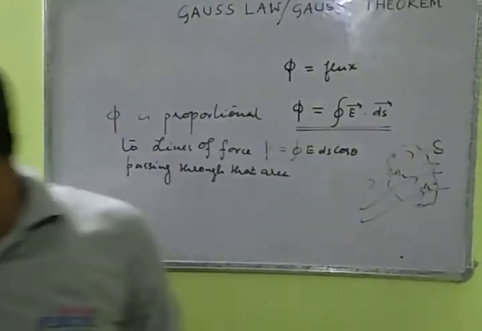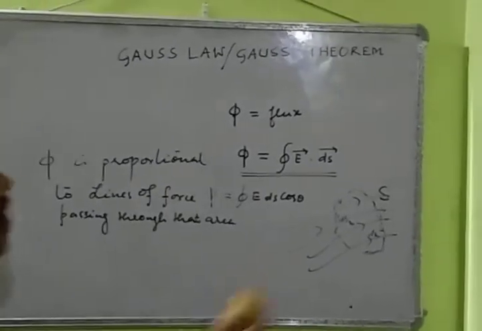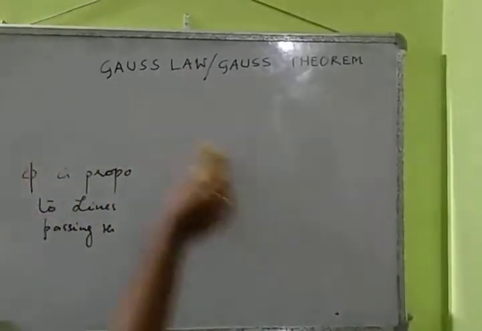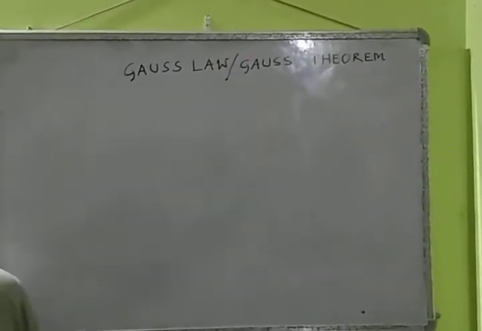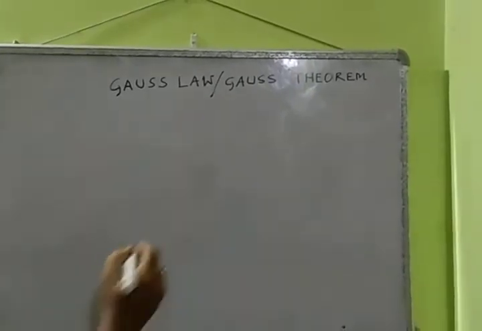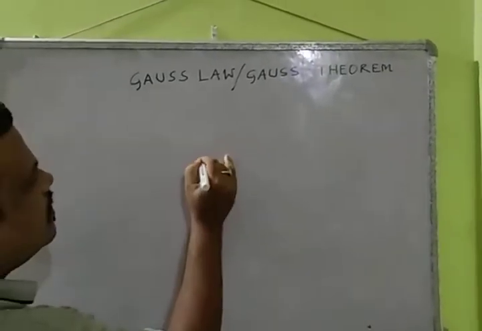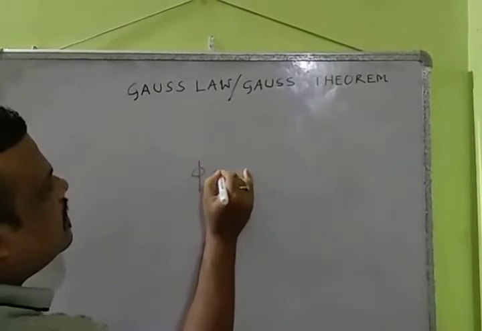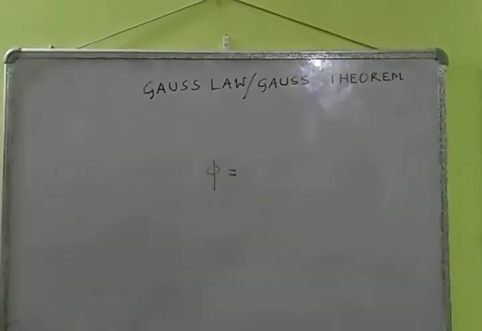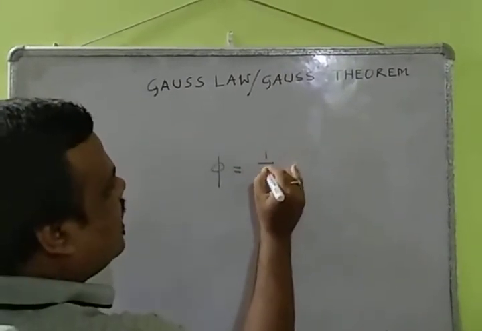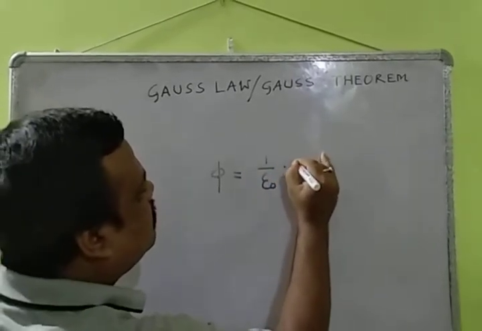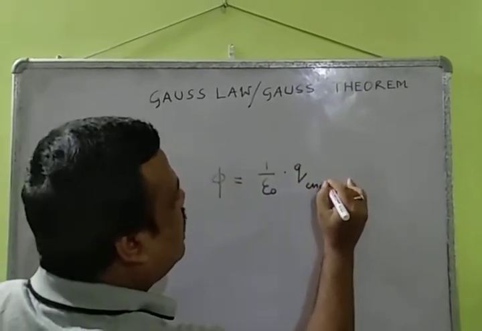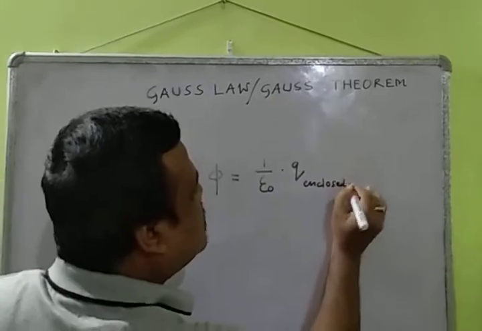Now let's move to Gauss theorem. What is Gauss theorem? Gauss theorem says the flux is equal to 1 by epsilon times the enclosed charge.